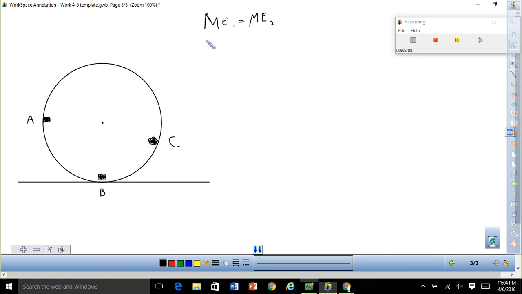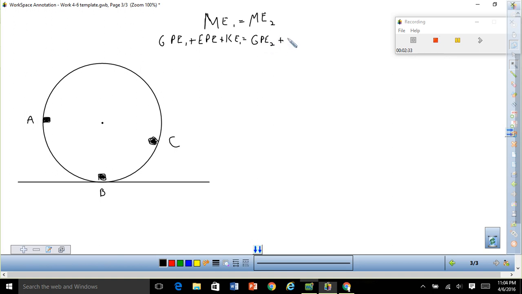And the mechanical energy, which of course is made up of gravitational potential energy, elastic potential energy, and kinetic energy, is equal to those same three quantities at any other point.